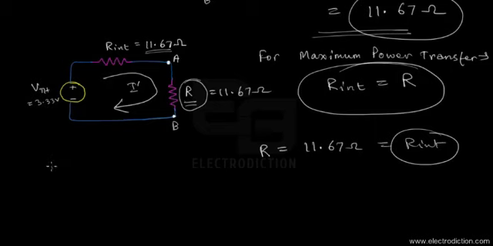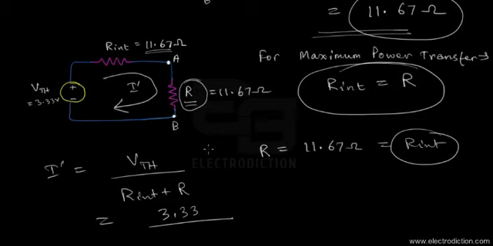I dashed's value would be obtained as VTH divided by R internal plus R. So we're going to get 3.33 divided by 2 times 11.67, and that's going to give us about 0.143 amps of current that should flow through the resistor R.